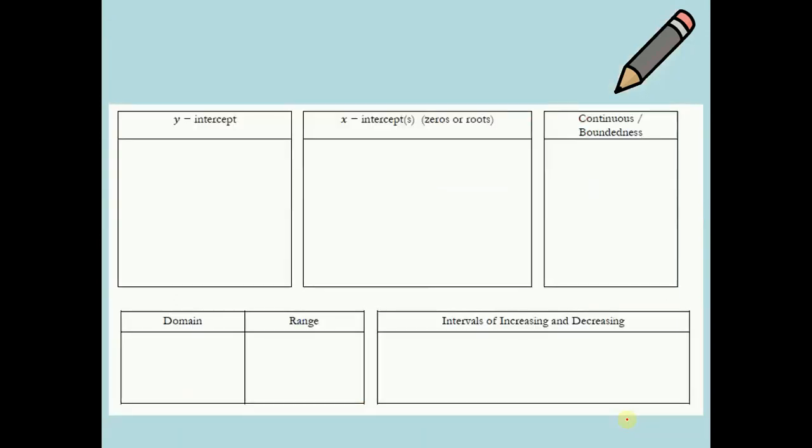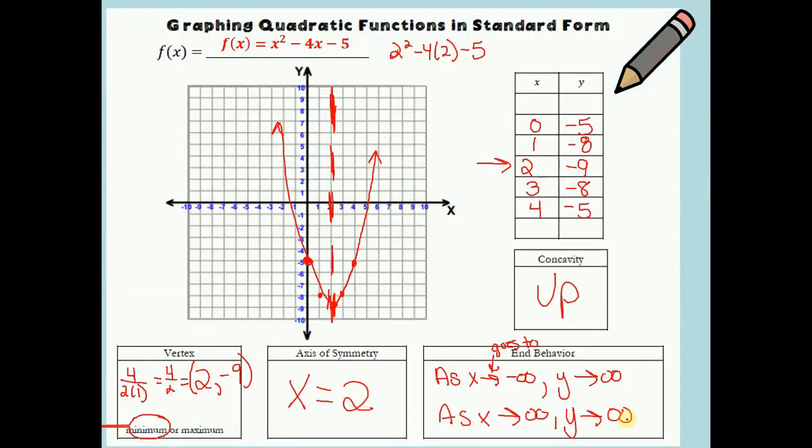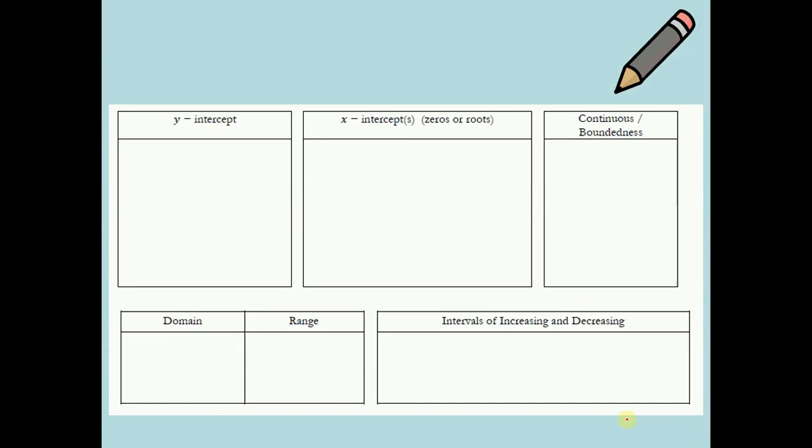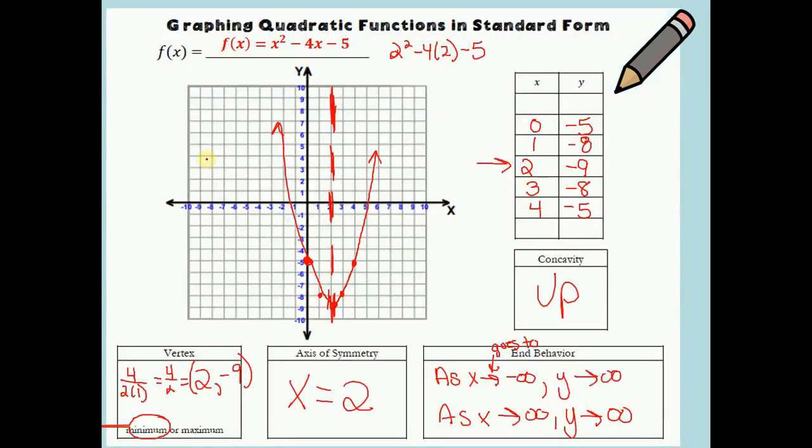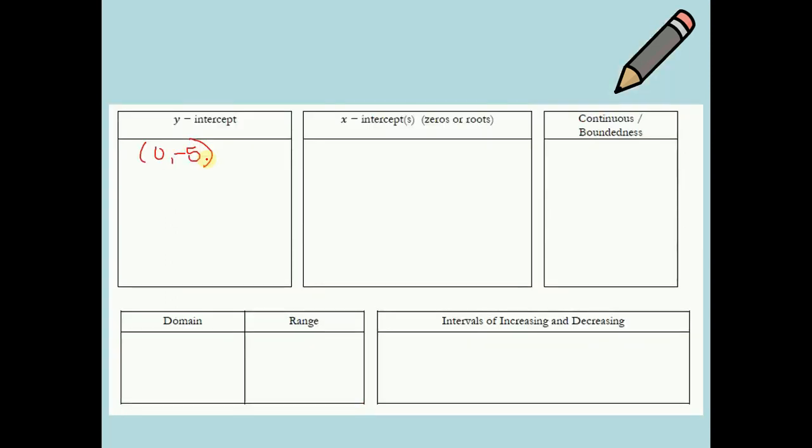Let's flip back here. Y-intercept. It looks like my y-intercept was (0, -5). Now, how do you find a y-intercept algebraically? All you're doing is plugging in 0 for your x value.